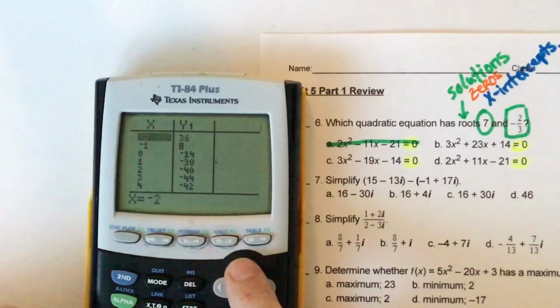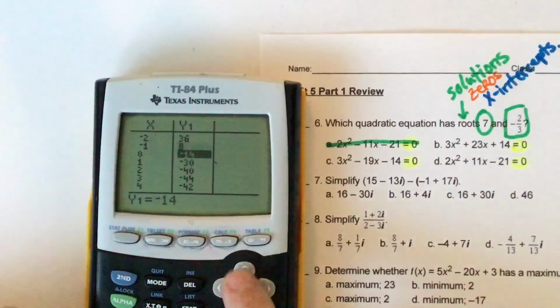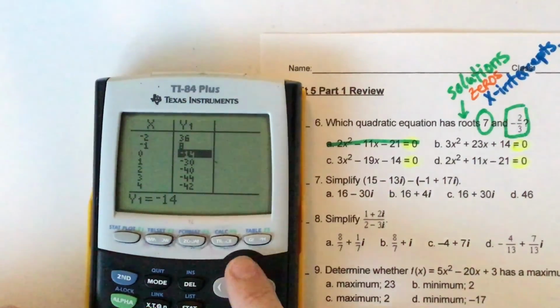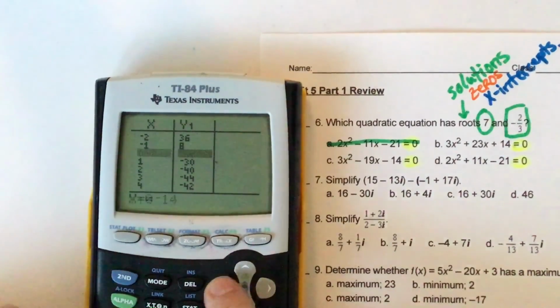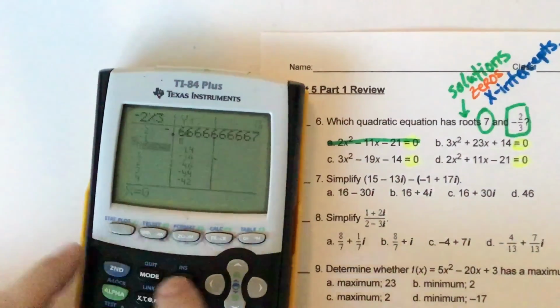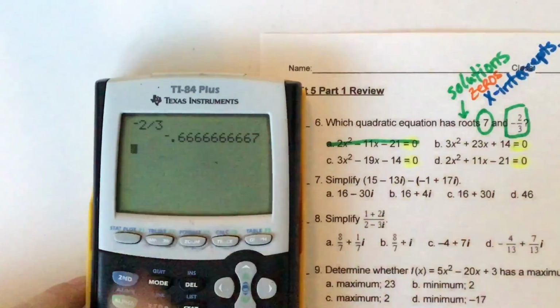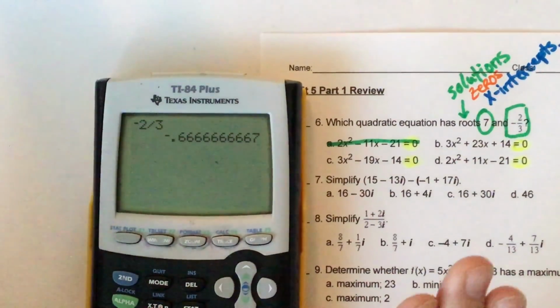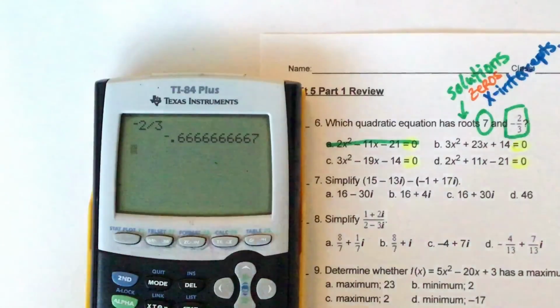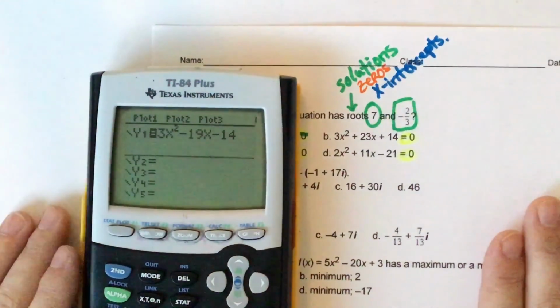The other answer was a decimal, so I know it's going to happen somewhere between here and here, because 0 happens where the numbers go from positive to negative. So I know the other answer is between 0 and negative 1. Well, is it between 0 and negative 1? It is. So right now, answer choice C is looking really good without doing a lot of extra work. Let's just see if we can rule it out.